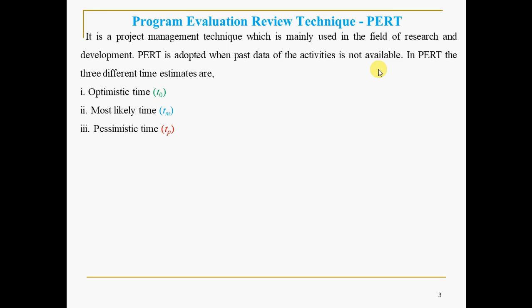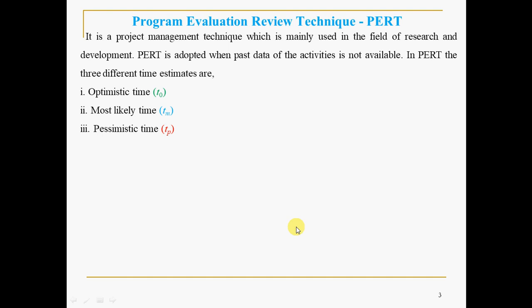In other words, CPM is used when you have the exact past data, or when the past data is available to the accurate time. Whereas PERT is adopted when past data of the activities is not available. I mean, it's like research. So that is the reason why it is mentioned that it is mainly used in the field of research and development.